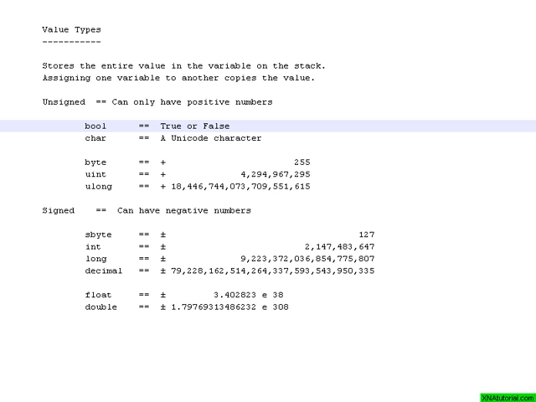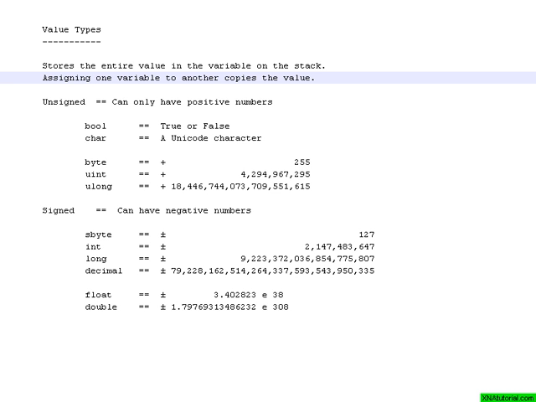Well, that's not fully true. It can store a bit more than 32 bits, but it's a good rule of thumb to think of 32-bit chunks, because Windows is a 32-bit operating system. Anyway, when you assign one variable to another, the first one is taken from the stack, copied, and put on the stack again.